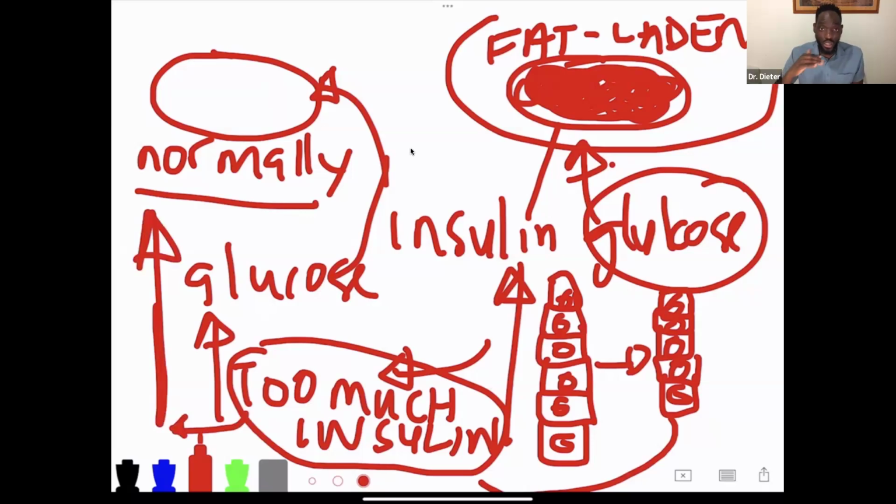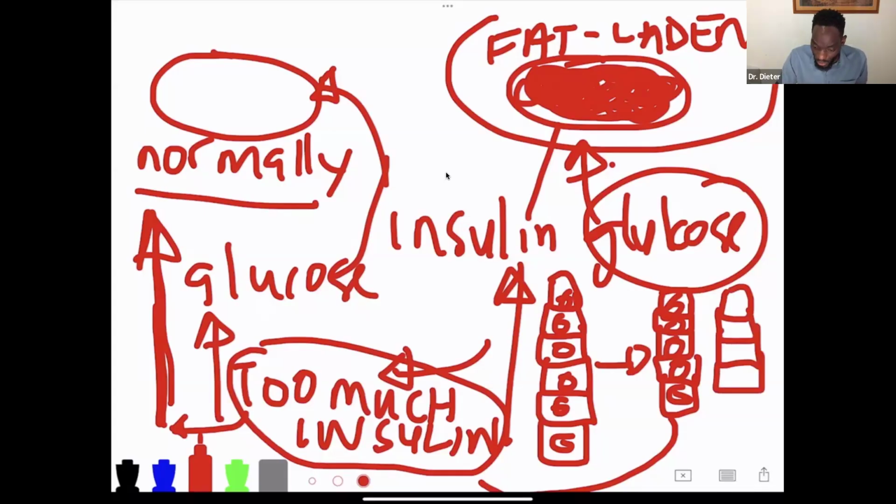You think about too much insulin as a boss who was crazy at this level and raises his craziness level, or his tyrannical bullying behavior, to this level. When that happens, the employees of that boss lose even more respect for the boss. In the same light, the cell in the setting of a higher amount of insulin circulating, bullying the cell even more, loses even more respect for insulin and clamps its door down even tighter, causing a further worsening in this process.